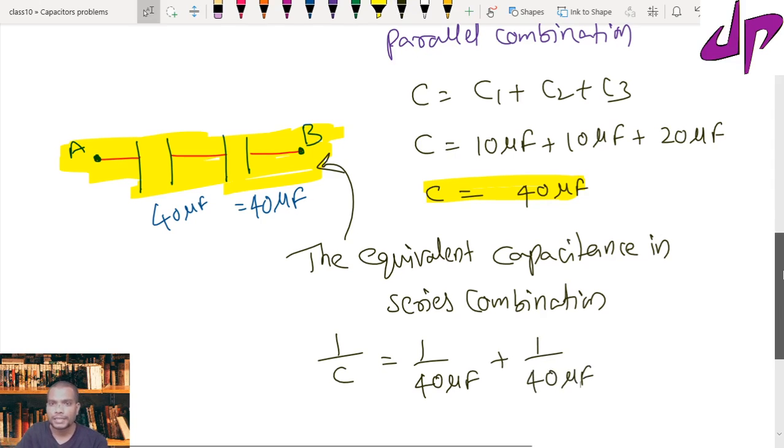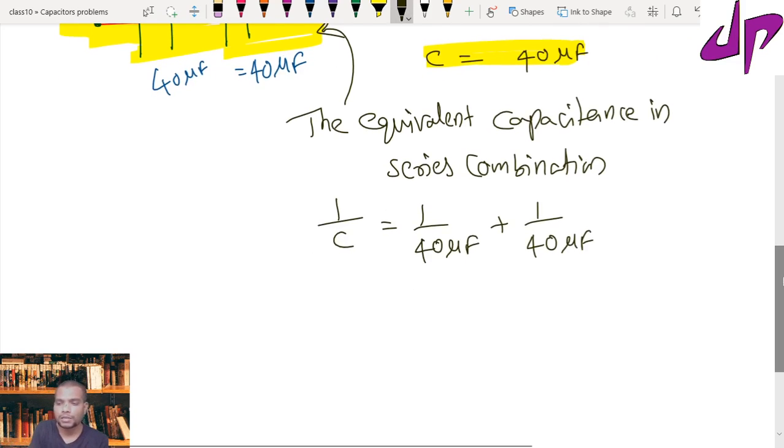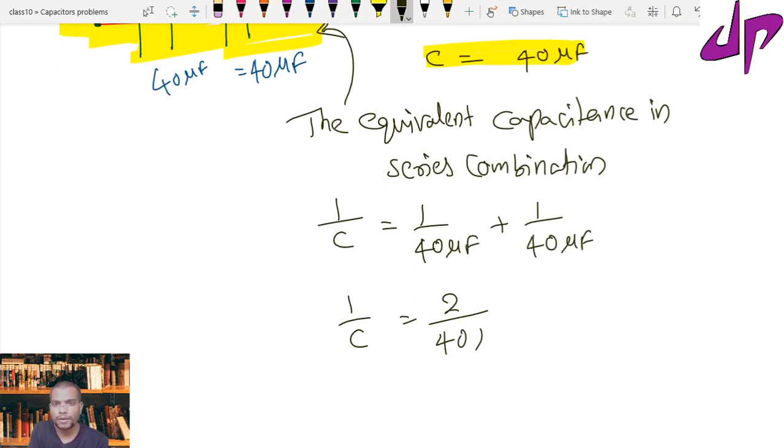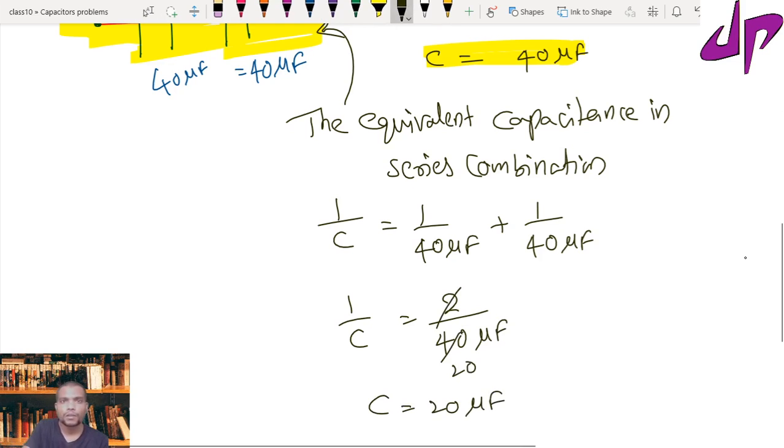Do the cross multiplication and you get 1 over C equals 2 over 40 microfarad. So 2 into 40, 20 times. Therefore C equals 20 microfarad. That's the end result: the equivalent capacitance of the given circuit.